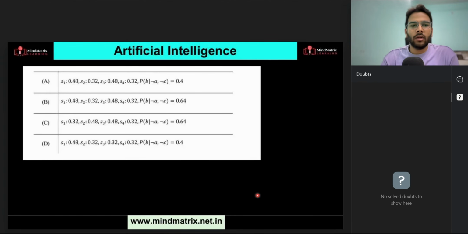Fine. Okay, so what is the correct answer here? S1 is 0.48, S2 is 0.32, 0.48, 0.32, and this is 0.4. So option A is the correct answer for this question. So you understood what type of question you can expect from this topic, likelihood weighting, everyone.